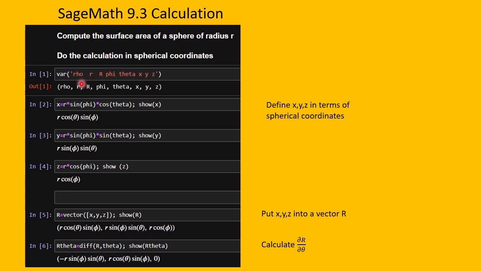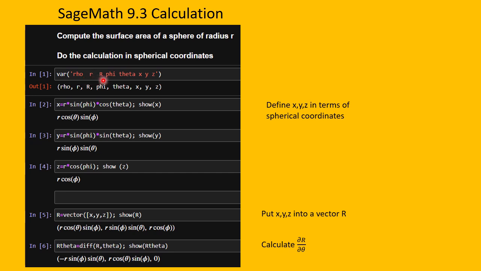So the first thing I'm going to do is to define some variables which we'll use down here somewhere. I'm going to define variables rho, r, capital R, phi, theta, x, y, and z. After making some changes here, re-editing, I think I never actually used the variable rho here. r is going to be the radius of the sphere.